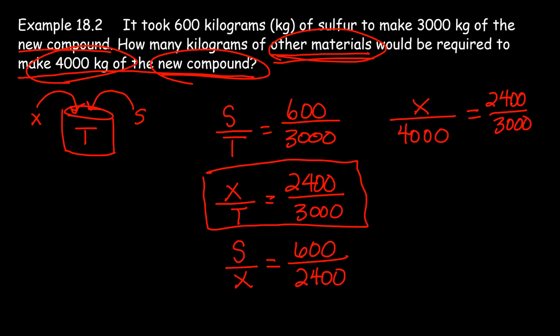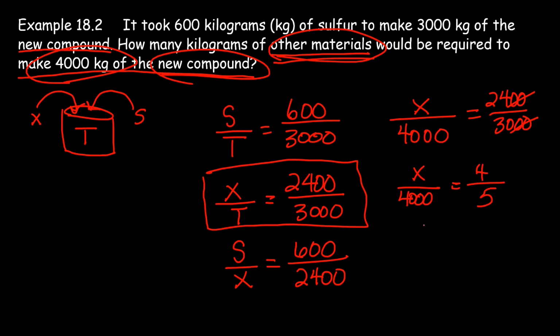Before I start doing anything, I'm going to get rid of some of these zeros. I can reduce this fraction on the right side by knocking off a couple of zeros there. And then if I leave this like this, I could even go ahead and reduce that right side even more. 6 goes into 24 4 times, and 6 goes into 30 5 times.